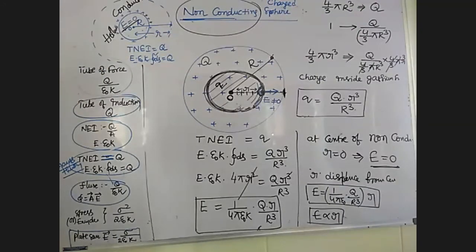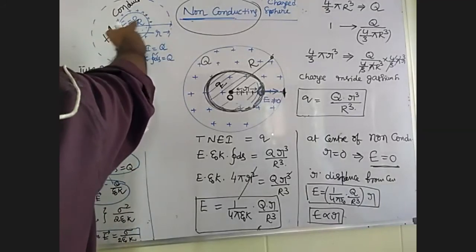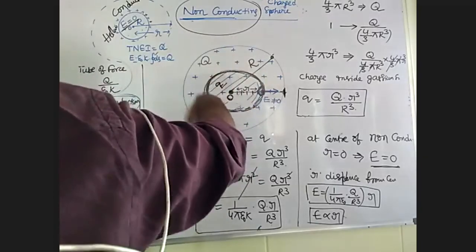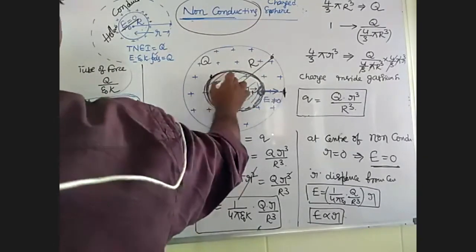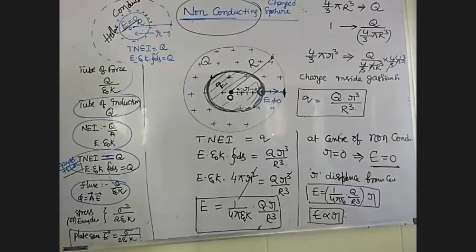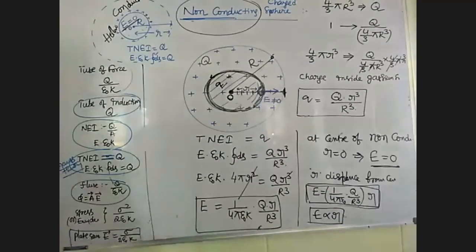If it is a metal sphere, there is no charge inside, so the intensity is 0. But in this rubber ball, the charge is present inside, so the intensity is present. For the non-conducting sphere, this is the special formula.